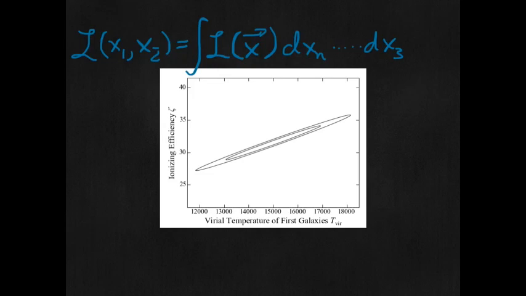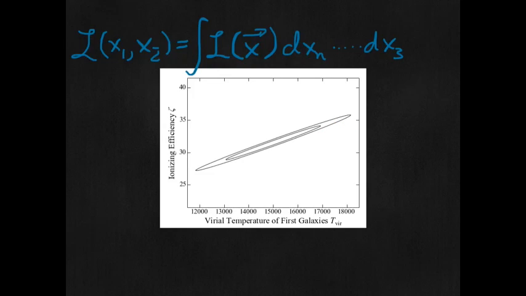Now, to be more precise, this inner contour has an area such that if the measurements were randomly drawn from this likelihood function, 68% of the time they would land within this first contour, and 95% of the time it lands within this larger contour.